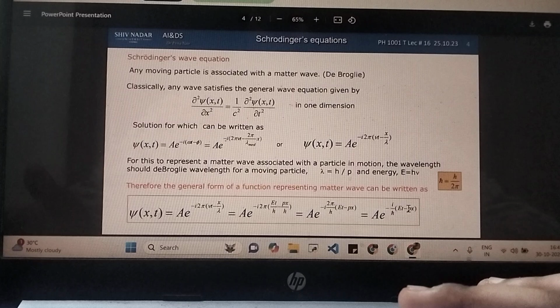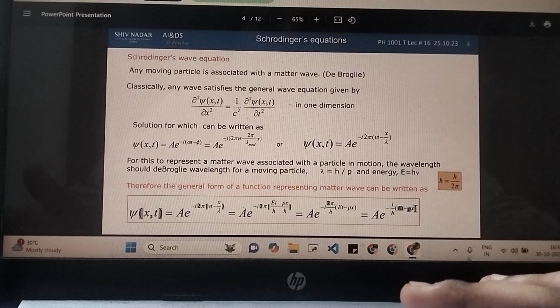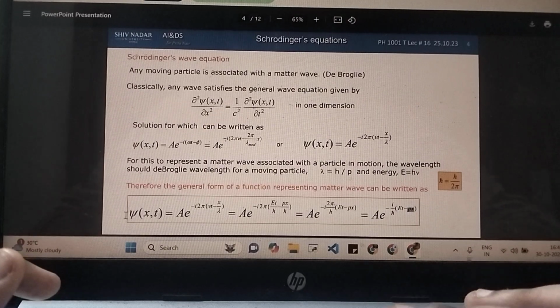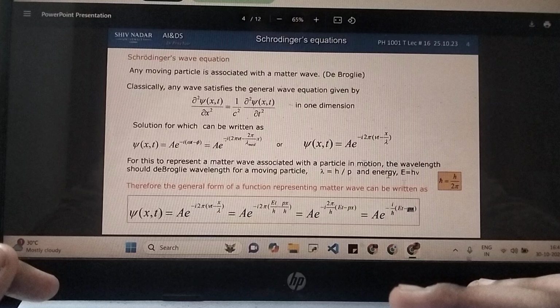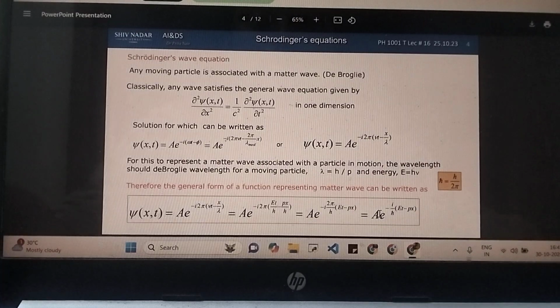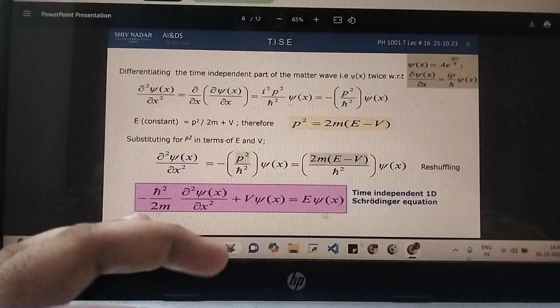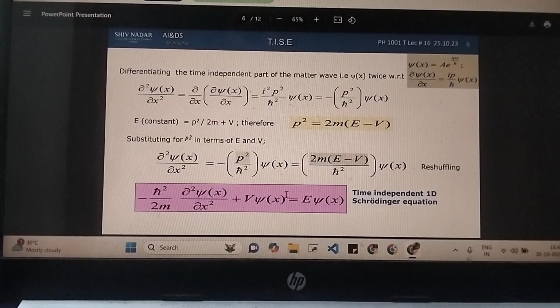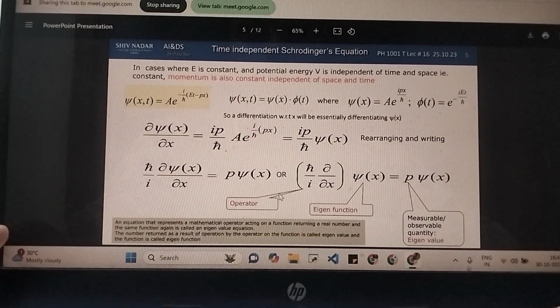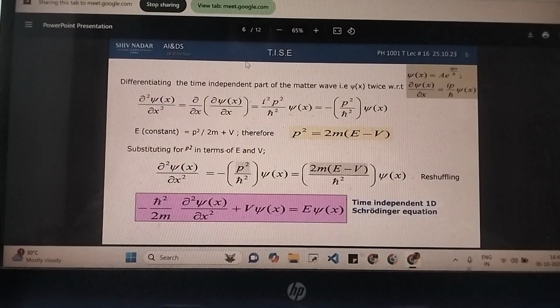Even though this is also in terms of p and x, momentum and position, and you know the psi of x value, because we don't know A, we cannot find out. Whereas here it is in terms of constants and the wave function, so if I know one value, I can find out the other. So, assuming that everything is constant, independent of space and time, this expression works.